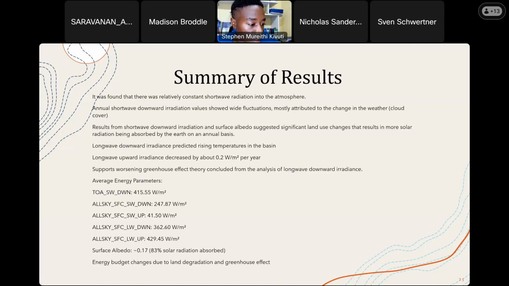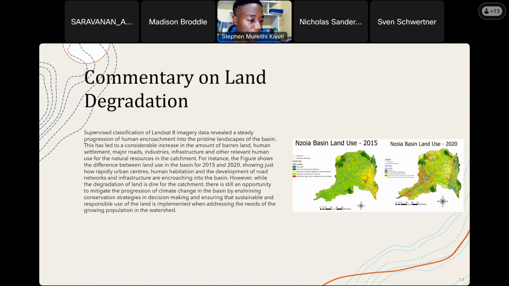So, the results basically showed that, now we have a commentary on land degradation. As we can see, for the basin from 2015 to 2020, after delineation and supervised classification, if you look carefully, you can see how much degradation occurred in the basin, and that was reflected in the data.